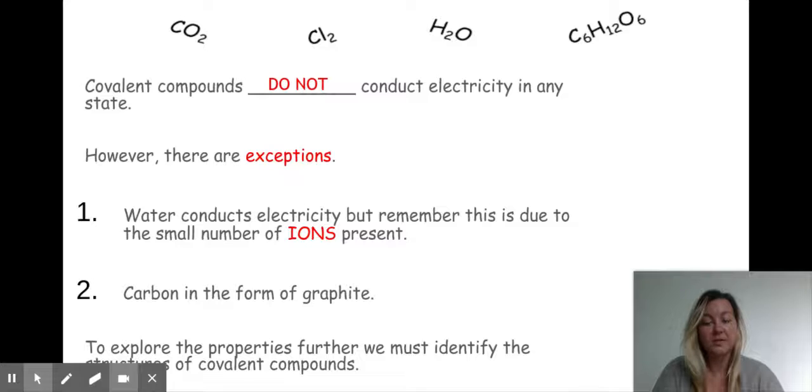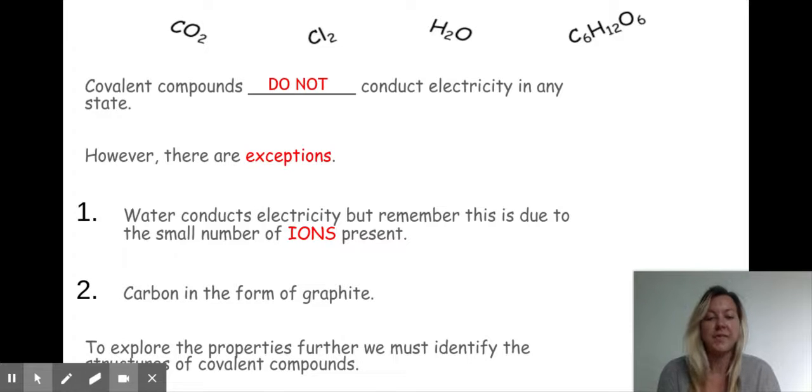All that means is that it's allowed to conduct electricity because there is a charged particle, i.e. the electron, and delocalised simply means that the electrons are allowed to move around. So we already know that electricity is a flow of charged particles. So if there's electrons in the structure and they are being allowed to move around, then that means that carbon in the form of graphite can conduct electricity.